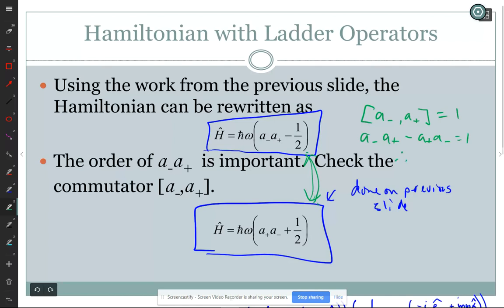So we found this one, so let's put it in here. A plus A minus is equal to A minus A plus minus 1, if I just rearrange this to solve for A plus A minus. Put that into here. And if I take A minus A plus minus 1 plus 1/2, that gives me minus 1/2.